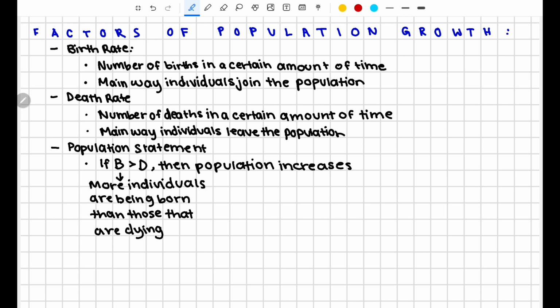There's less death than birth. So that means our growth rate is positive. And the population is increasing because obviously there's more individuals that are being born than those that are dying. That means that the population is increasing. The growth rate is positive.